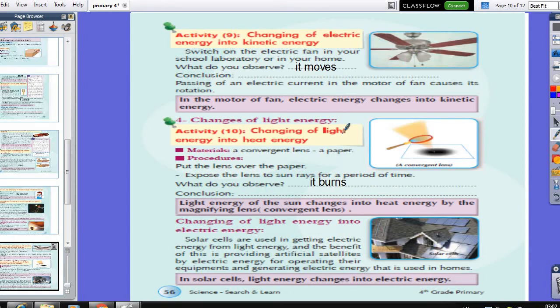In this activity, we can obtain heat energy from the light energy. Like if you have a converging lens, this lens collects the light rays in a point, and you put paper under it, and it will collect the light rays into a small point.